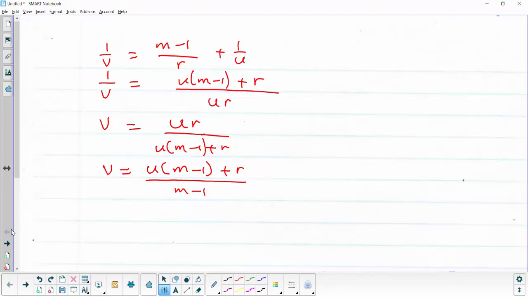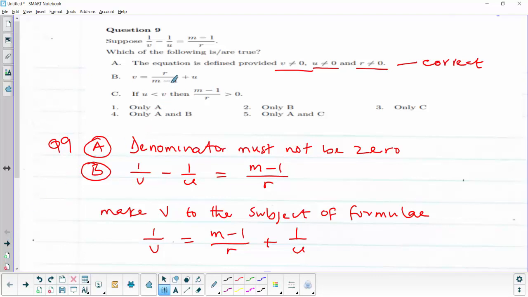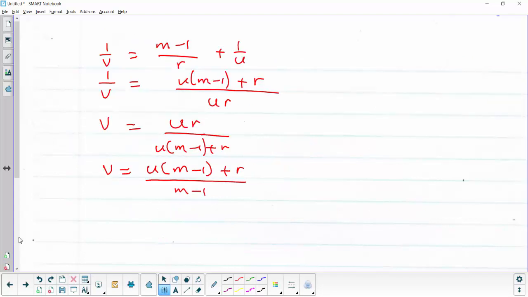So let us go back to the question. We evaluate this one to get what I wrote here, but let me write it down the way it was given. Remember that our v is also the same thing as r over m minus 1 plus u. So when you evaluate this one, we can see this one is not equal to this.